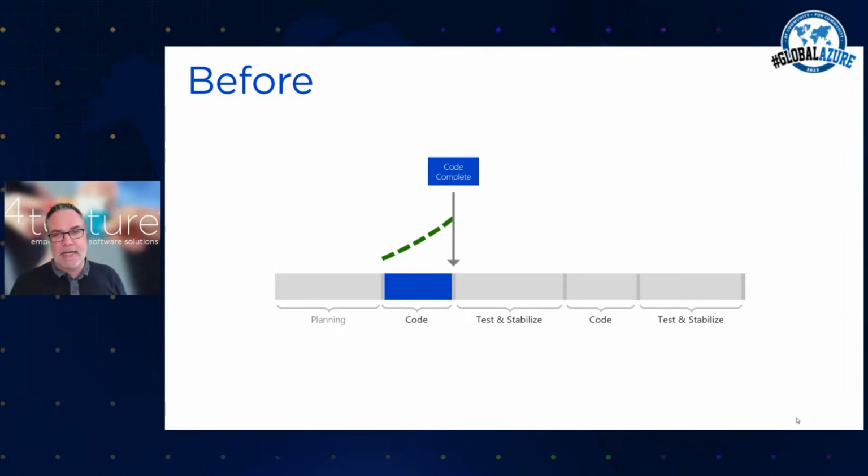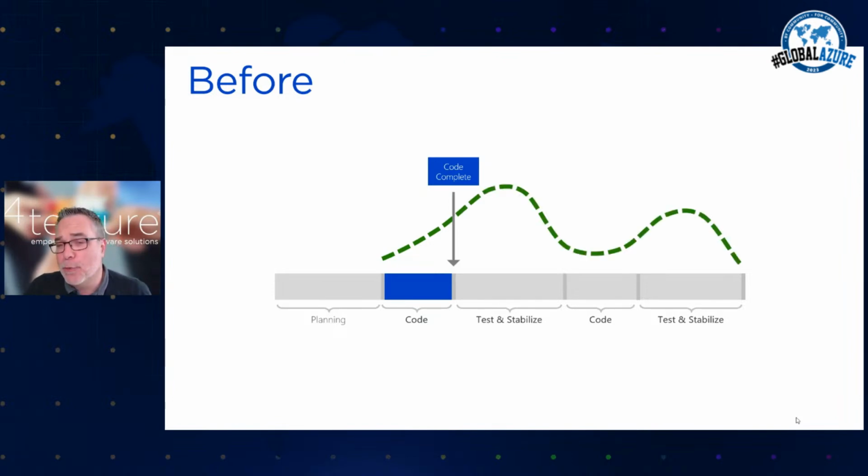The problem is that you're piling up a lot of features which have been untested. You're working and working and working, and maybe weeks later you get feedback that your feature is not working as expected. You need to rethink the whole thing again. You need to get into the context to be able to fix it. This is not a good solution. It's pretty obvious. So there is a better way.